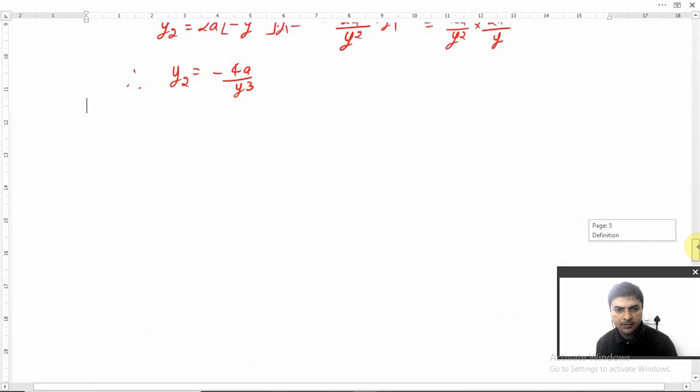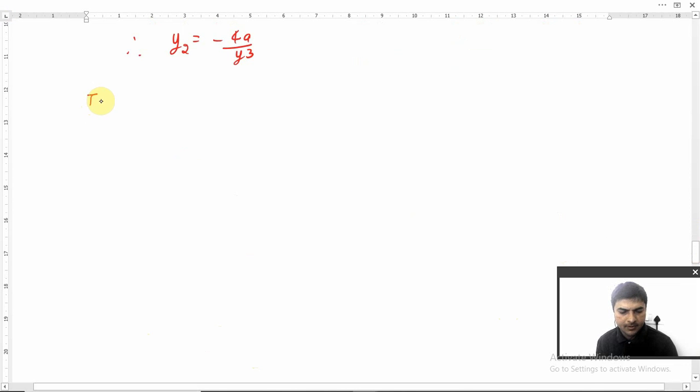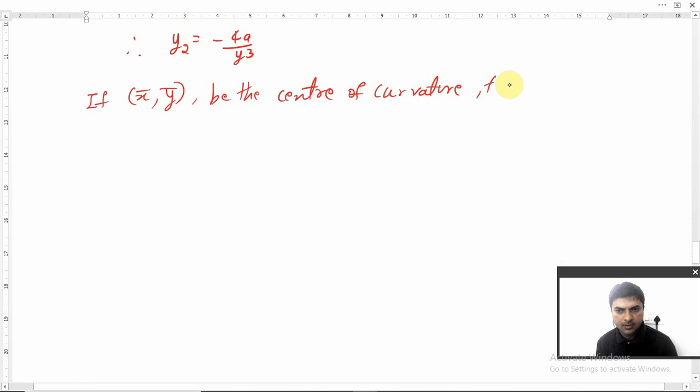Then we say that suppose if I take x bar and y bar to be the center of curvature, then we get the formula that we are going to use from the above. Directly we are going to take the x bar formula. Please remember the formula, students: x minus y1 times 1 plus y1 square, divided by y2.